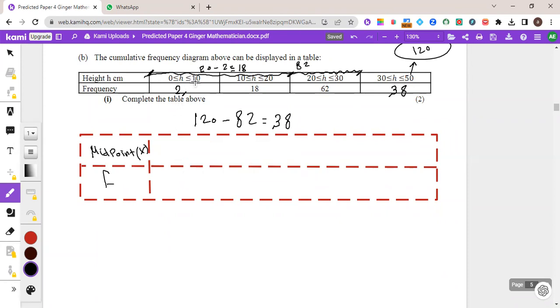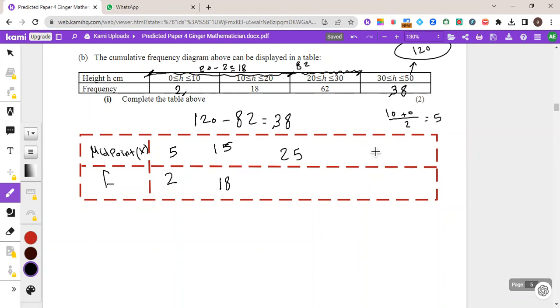So here what is the midpoint? 10 plus 0 divided by 2. 5. Frequency is 2. Here what is the midpoint? 15. Here 18. Here 25.